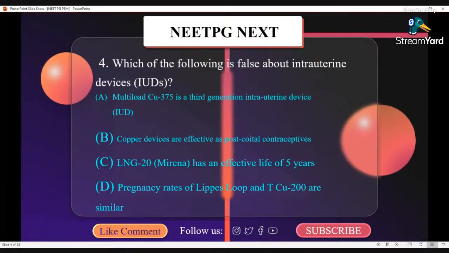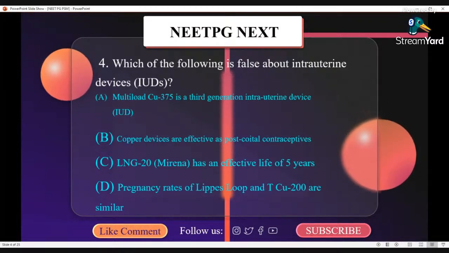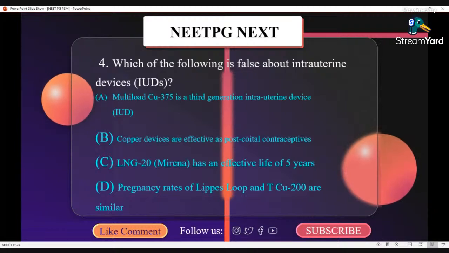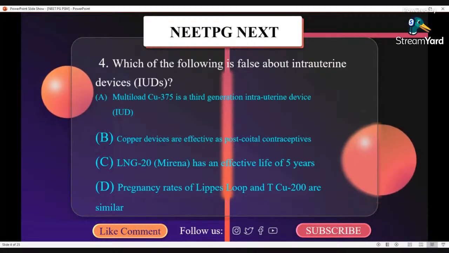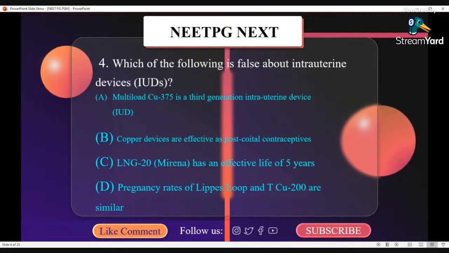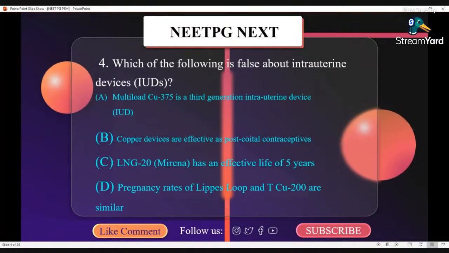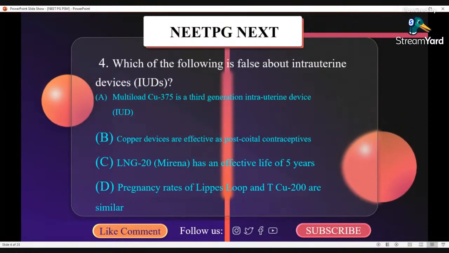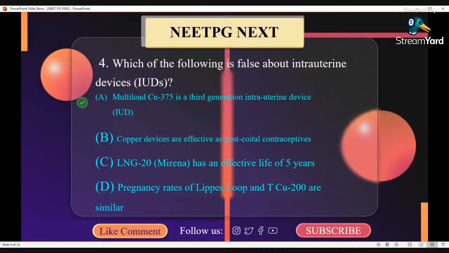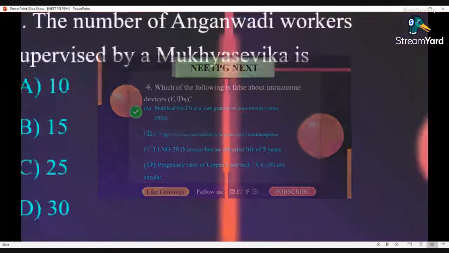First of all, copper devices are second generation devices. Multiload CU375 is a newer copper intrauterine device. The copper devices are second generation, they are not third generation. So the first option is false. So the correct option here is A.